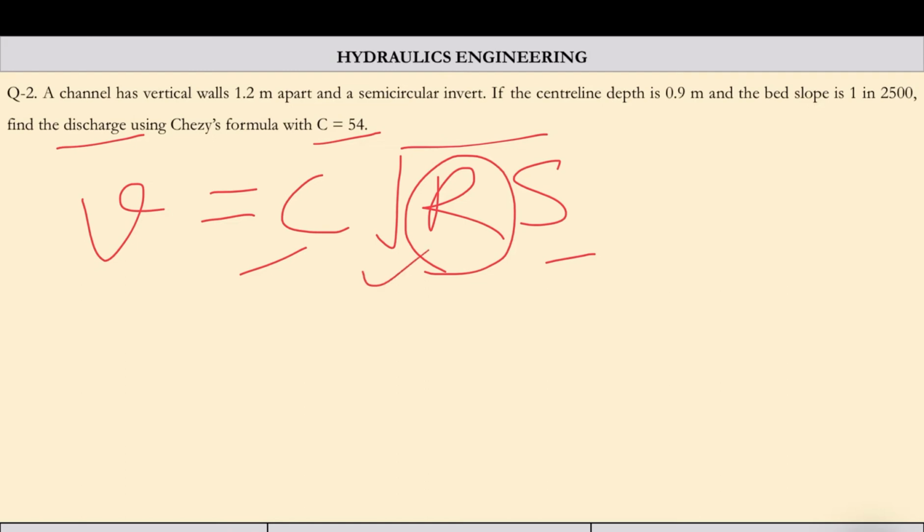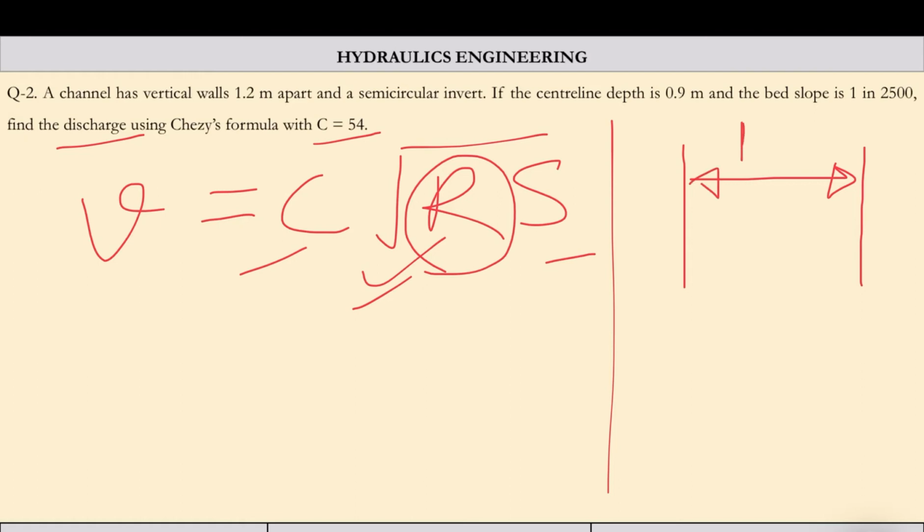So for calculation of R, first we have to see how this area is given. Cross sectional area is given as a channel has vertical walls. So let us say these are the vertical walls apart from 1.2 meters, okay, and a semicircular invert.